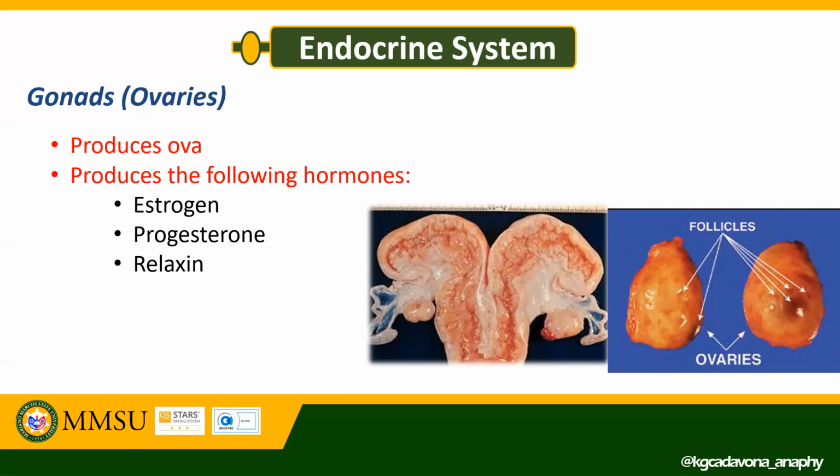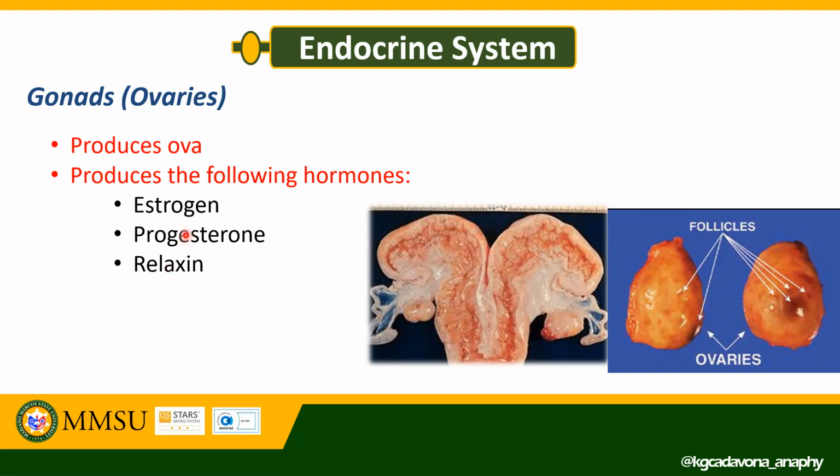So here we have the ovaries, wherein we all know that the ovaries are the main reason for the production of ova with the help of, what hormone was that again? It is the follicle stimulating hormone or the FSH, which is being released by the anterior pituitary gland. And eventually, it produces the following hormones that I have said a while back.